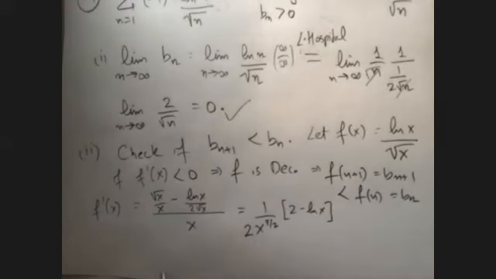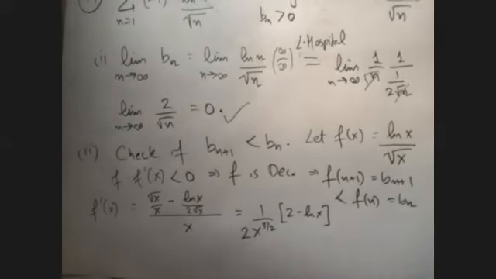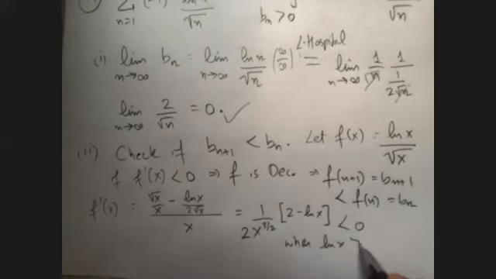So if you just simplify it, you can rewrite it in this form. Now this is less than 0 when ln x is greater than 2.